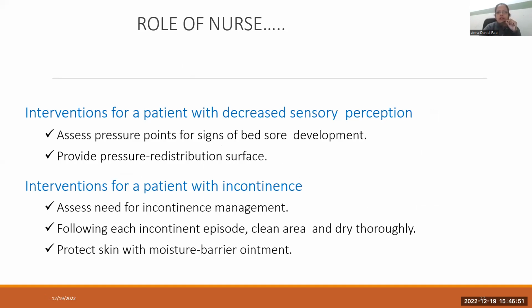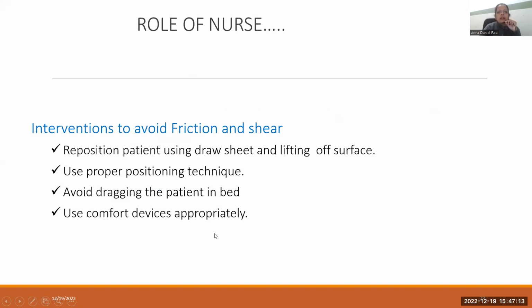So all the interventions I have given here under the nursing diagnosis. So what you can do, interventions for patients who are having less sensory perception. Then for patients who are having incontinence, either urine or stool, then what to do? And what to do to avoid friction and shear.